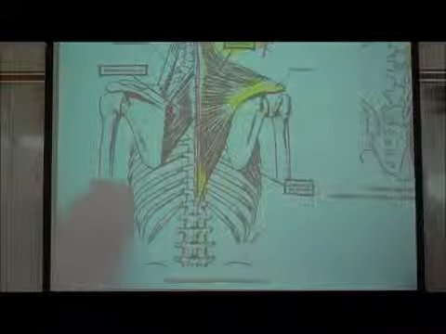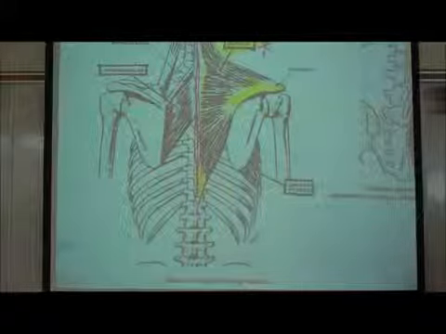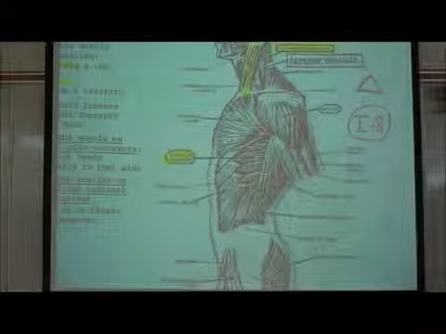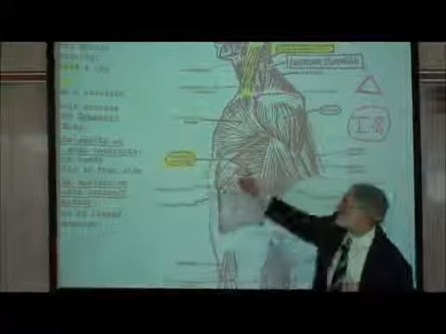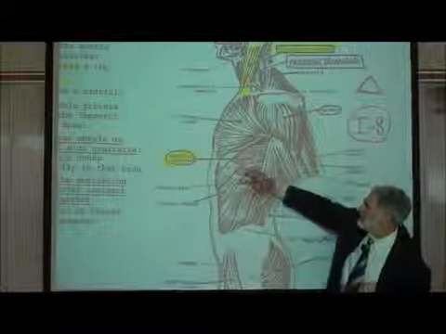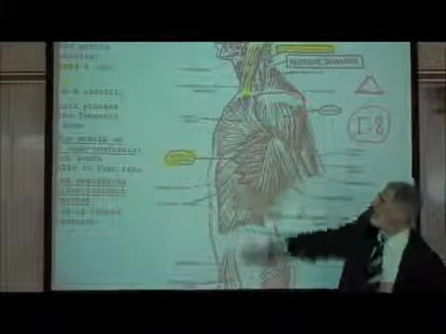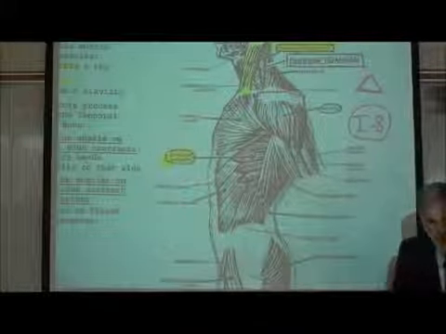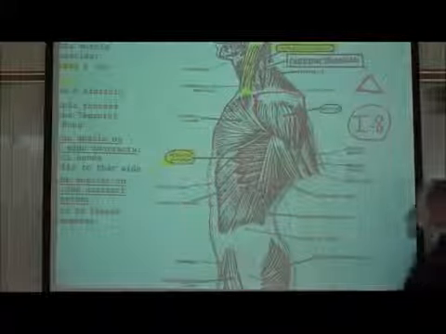Another picture of the serratus anterior is on page I-8, on the bottom picture of I-8. You'll notice right here is labeled the serratus anterior. It's going from the ribs to the scapula. And with this view, we can see why it got the name serratus anterior.